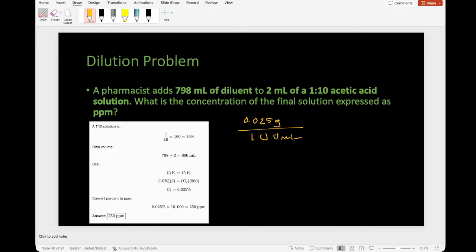You could just make it 0.025 grams over 100 milliliters, because that would be how you show the percent value based on weight over volume. Then you can do unit conversion here, because like I said, it's milligrams per milliliter.